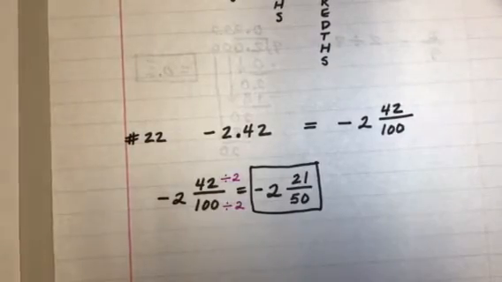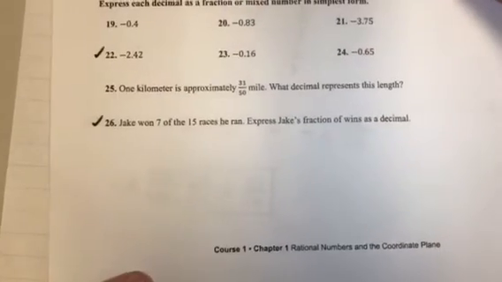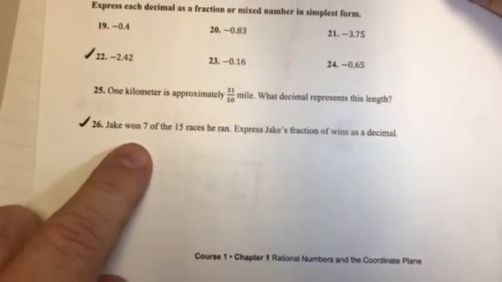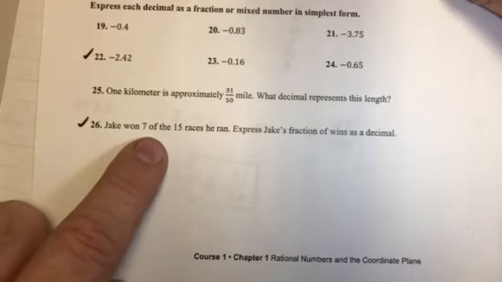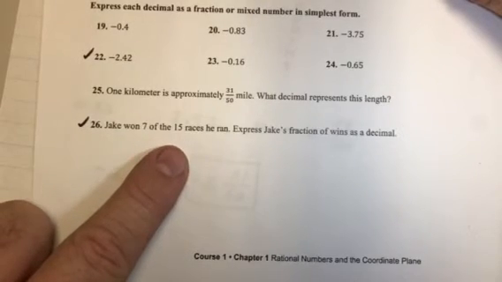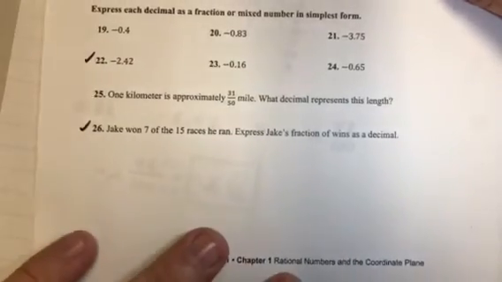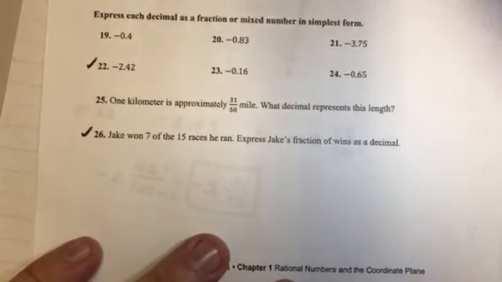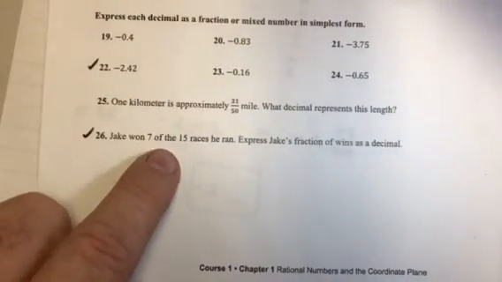I told you I would give you 3. I've given you 3. And I'm going to show you one more thing. This last question, number 26, I'm not going to show you how to solve this, but I am going to talk about it a little bit. Jake won 7 of the 15 races he ran. Express Jake's fraction of wins as a decimal. Okay? Well, you don't have a fraction. It doesn't exactly look like a fraction, but what you have is 7 out of 15.